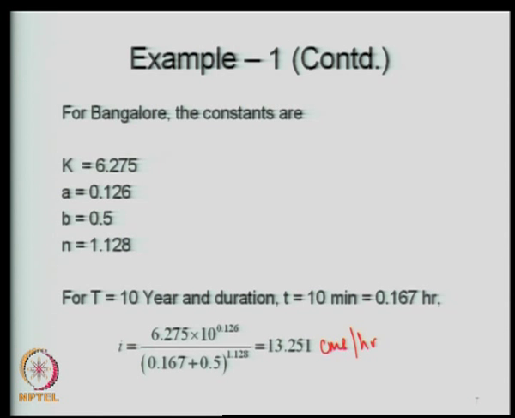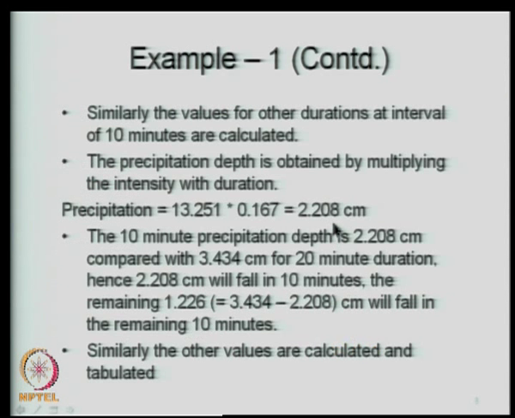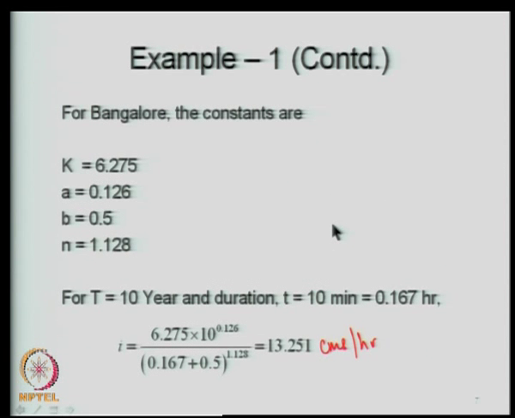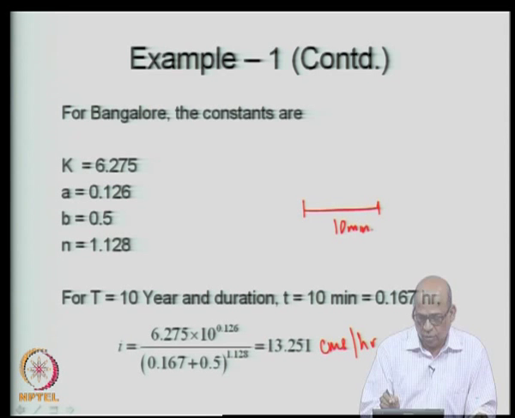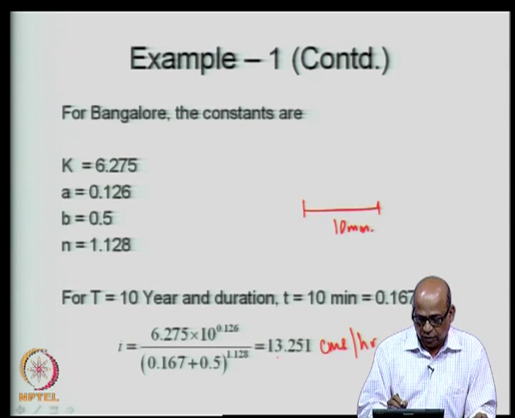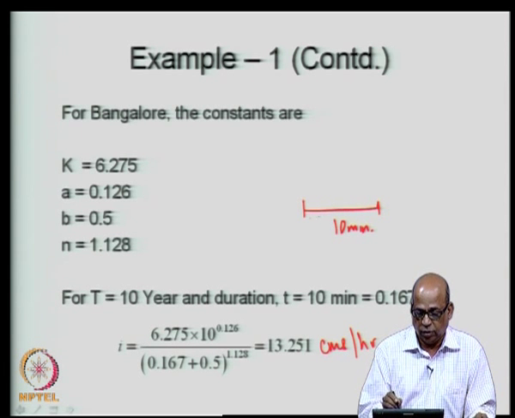Now, starting with this intensity, what is it that we did? We took the 10-minute interval, and for this 10-minute duration we obtained the intensity here. So, 13.251 centimeters per hour is the intensity that is occurring in this duration.